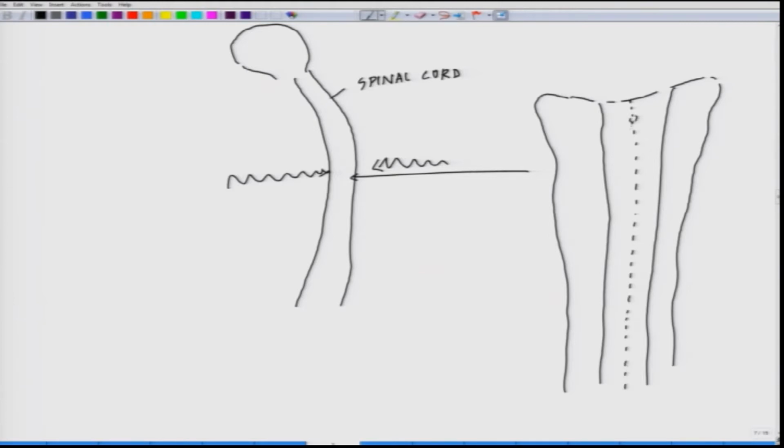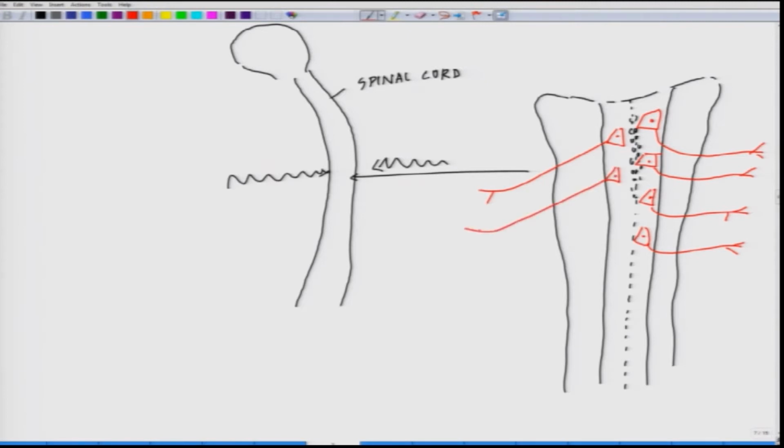Along the central canal you have a lot of neuronal progenitor cells sitting all along, and here you have the cell bodies of the motor neuron sitting in different laminae, and they are conveying signals to different sets of tissues all over.